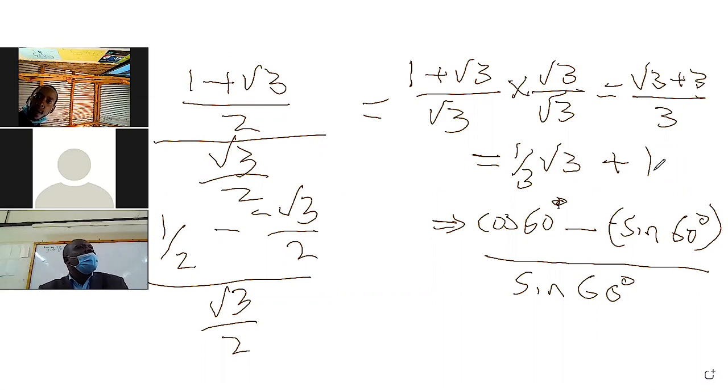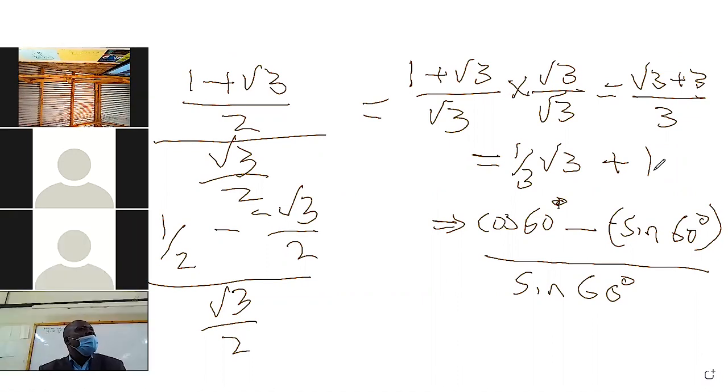So we've got irrational numbers and rational numbers. Normally when the denominator is a surd, which is an irrational number, you rationalize it, and rationalizing it is making it a rational number. That's what rationalizing is. So that's why we want to rationalize root 3.